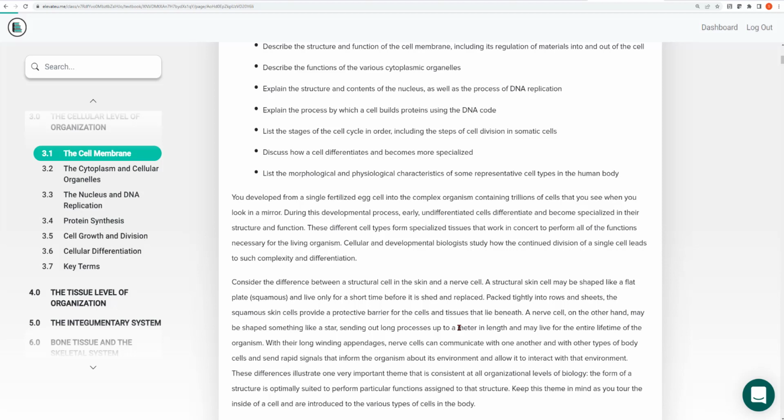You also have some muscle cells in your body, skeletal muscle cells. And muscle cells are as long as a muscle is. So some of the very long muscles that you have in your thigh are composed of long, skinny cells.